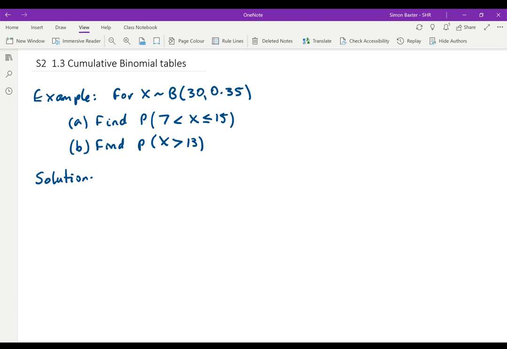Okay, we're using X as a binomial with n is 30 and p is 0.35.